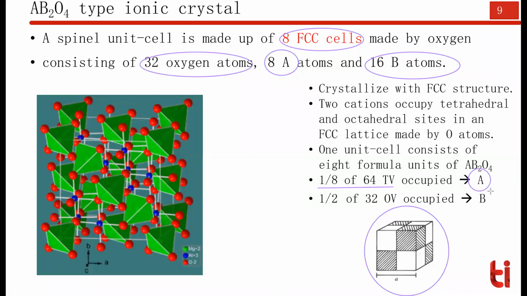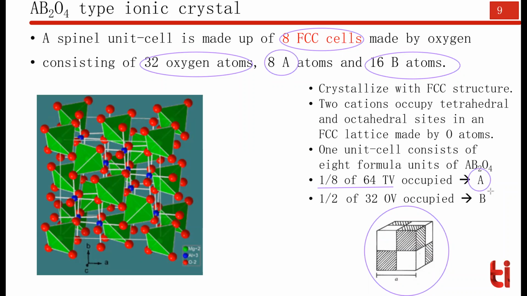Okay, good. Now coming to the B position. The B position is actually an octahedral void. So if I ask you again, how many octahedral voids do I have in one FCC unit cell? Effective number of voids? 4.